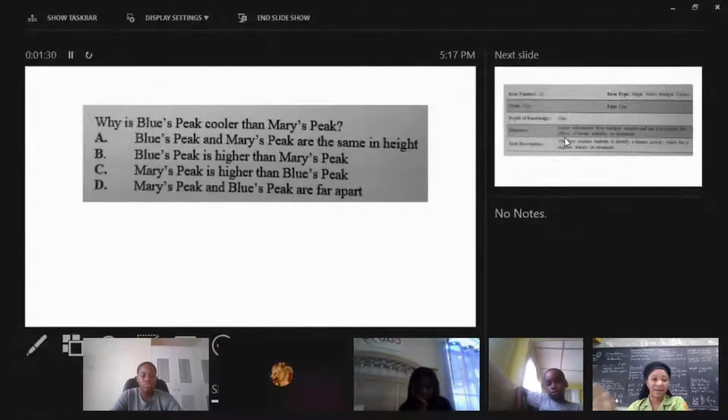All right. Michaela, please read the question. Why is the Blues Peak cooler than Mary's Peak? A. Blues Peak and Mary's Peak are the same in height. B. Blues Peak is higher than Mary's Peak. C. Mary's Peak is higher than Blues Peak.